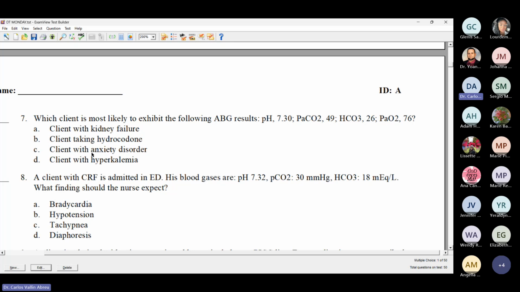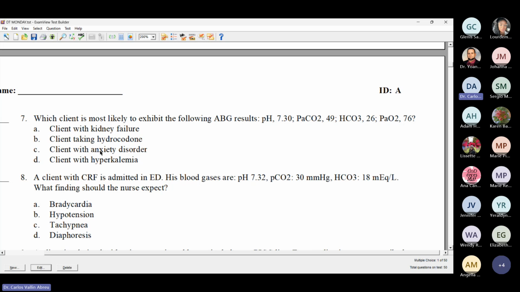The client with anxiety disorder has the opposite of respiratory acidosis, has respiratory alkalosis, because the anxiety makes you hyperventilate. When you go to your NCLEX, you are going to remember me. You are going to be in a very silent room because people cannot speak there.